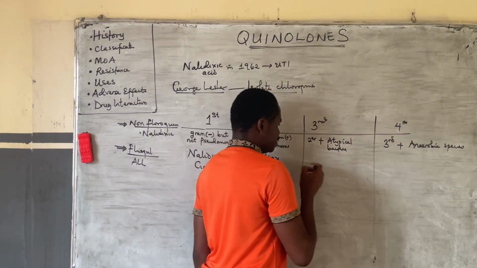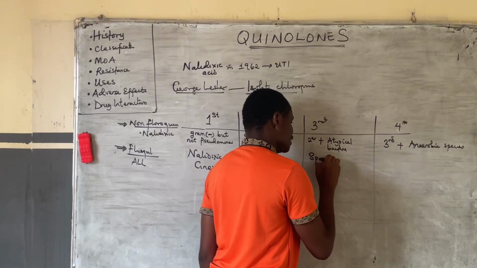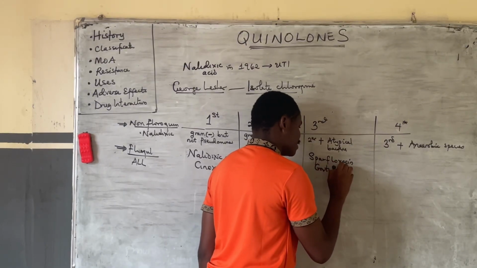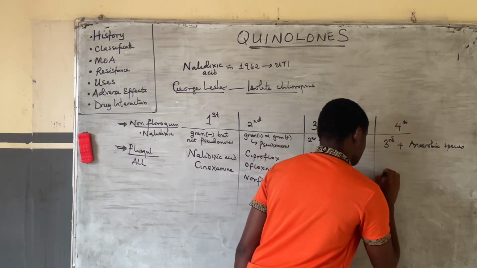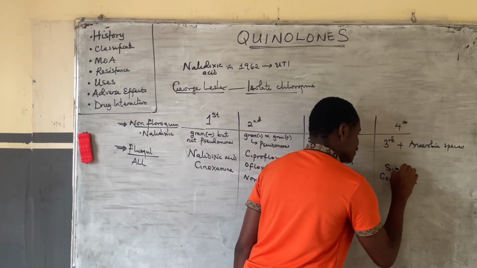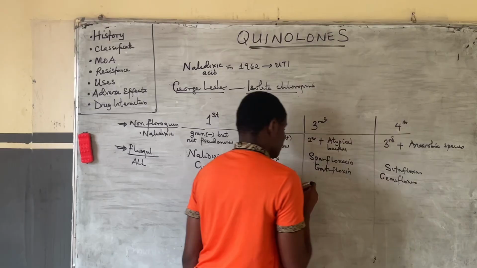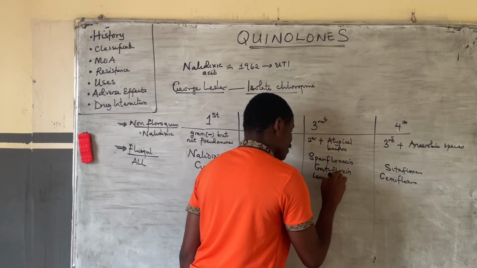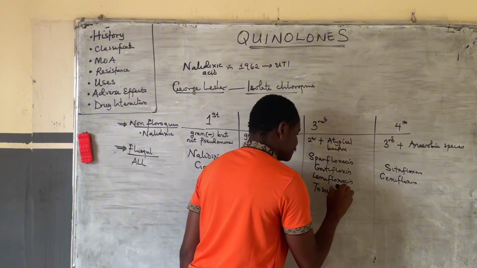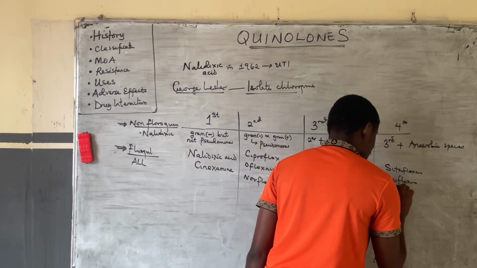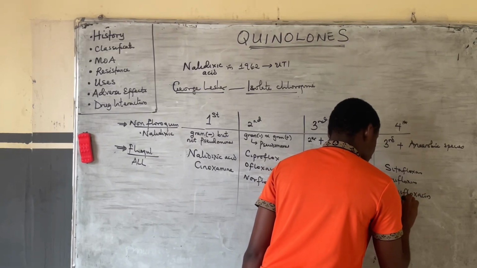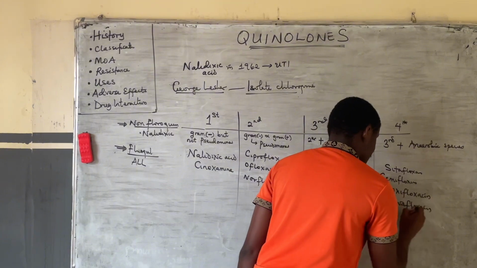For the third generation, we have sparfloxacin, gatifloxacin, gemifloxacin, sitafloxacin, lomefloxacin, tosufloxacin, moxifloxacin, then trovafloxacin. The list keeps going on and on.